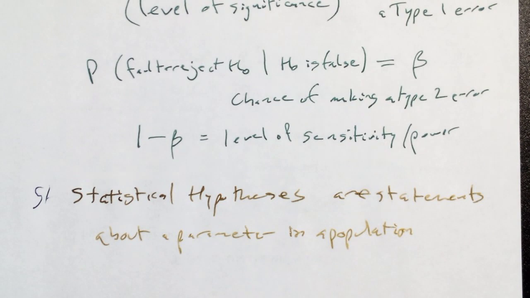So I could say, I expect the average on the next exam to be... I want the average weight of a bag of flour coming off my production line to be 1,800 grams. Something like that.